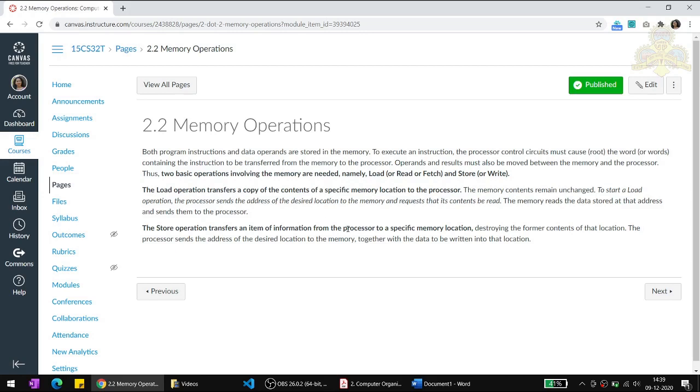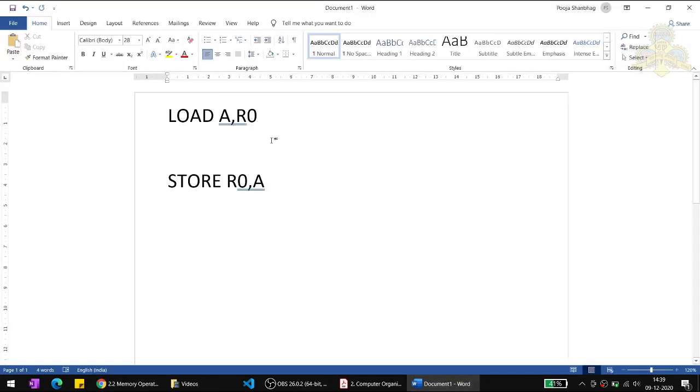An example of this could be: Load A, R0. Load is the operation here, A is the memory location, and R0 is a general purpose register present in the processor. Say suppose A contains the value 5.